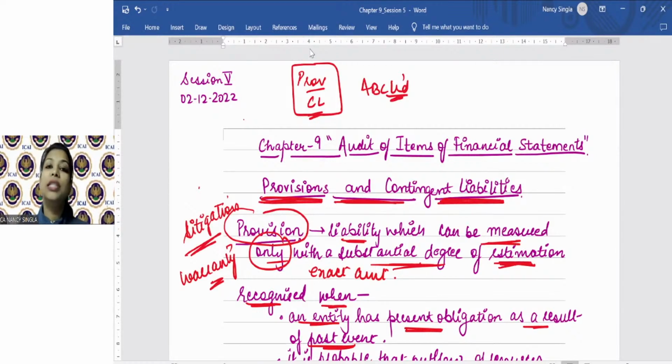Try to answer this on your own. ठीक है? क्या मैनेजमेंट से बोलोगे? What all documents do you require? Students, I'm waiting for your replies. ठीक है? Tell me. Provisions को आपको verify करना है, contingent liability को verify करना है.